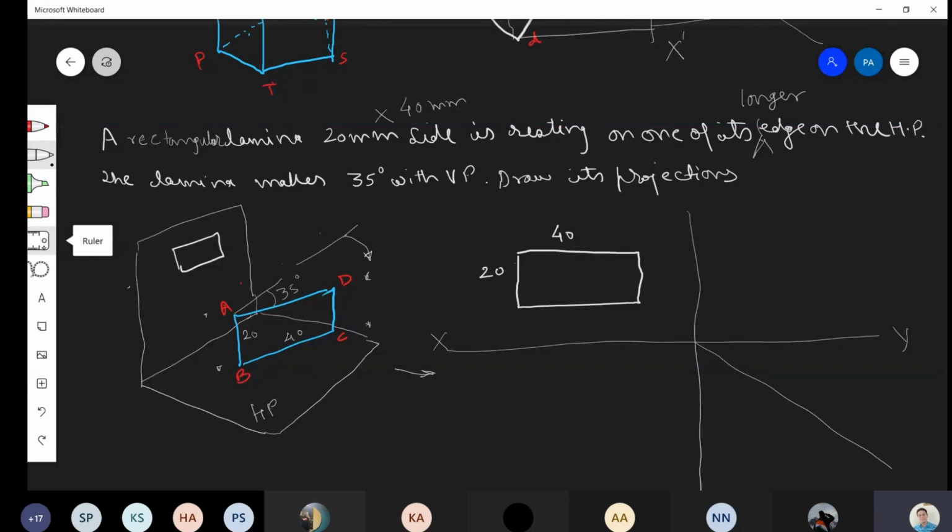At one point it will become perpendicular to VP, and when it becomes perpendicular to VP, you will see it like this in the front view. What? A line. You will see only a line. It means that when it is not parallel to the VP and is making some angle, then this 40 dimension will not remain 40, it will become less than 40.